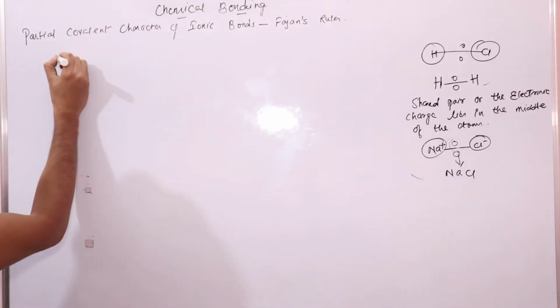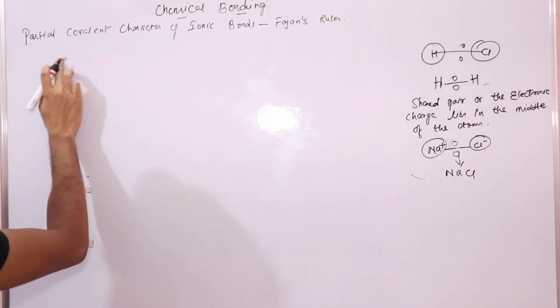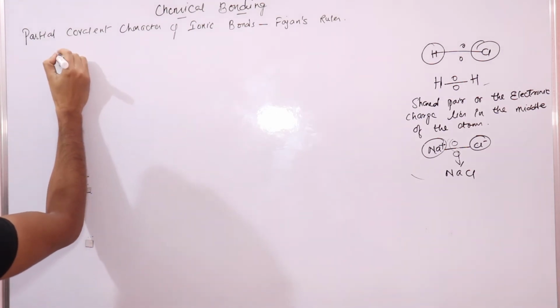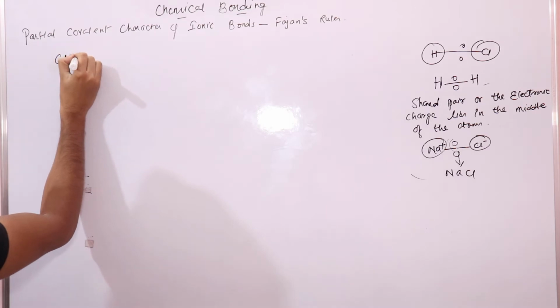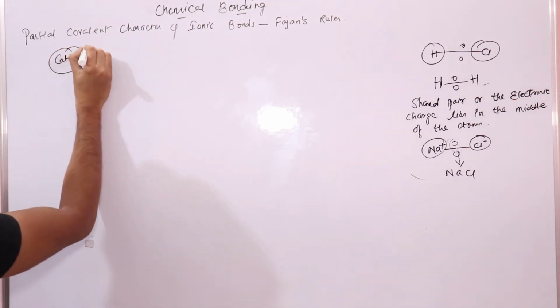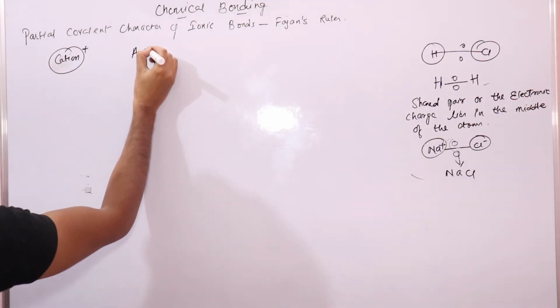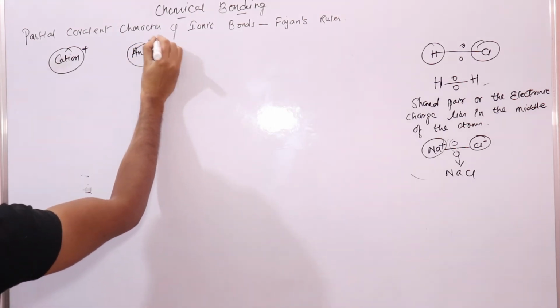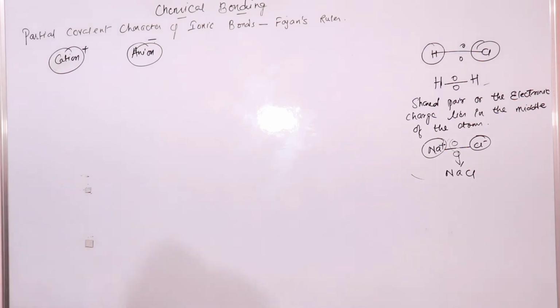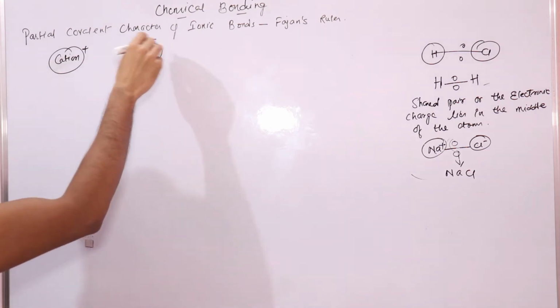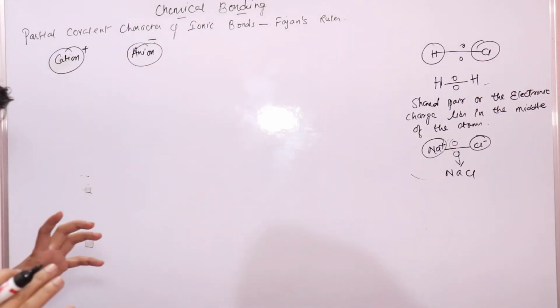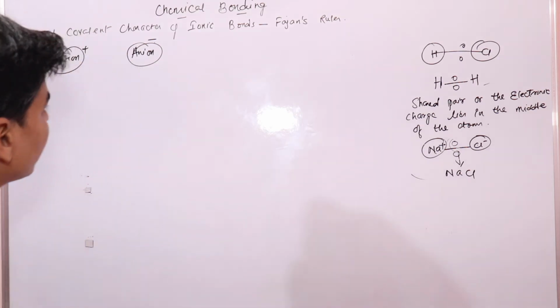Let's take it in a general way. When a cation, which is a positive ion, approaches an anion, which is a negative ion, it has a negative electron cloud around it.